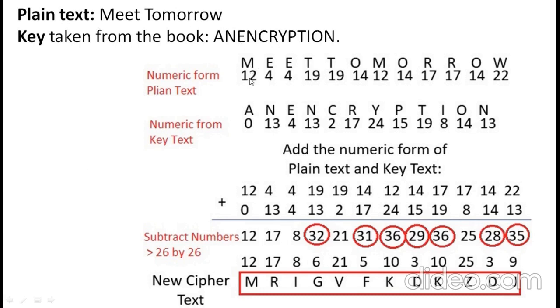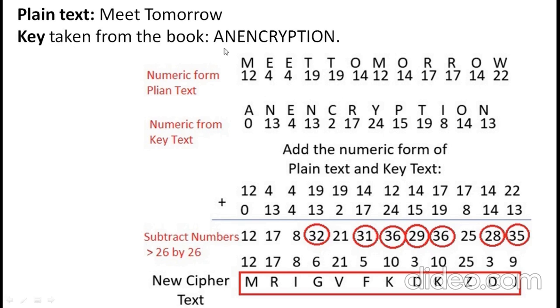M is the 13th character in the alphabet, but as we started with A equals 0, M becomes 12. M is taken as 12, E is taken as 4, T is 19, O is 14, M is 12. Like this, we have taken the values for meet tomorrow.